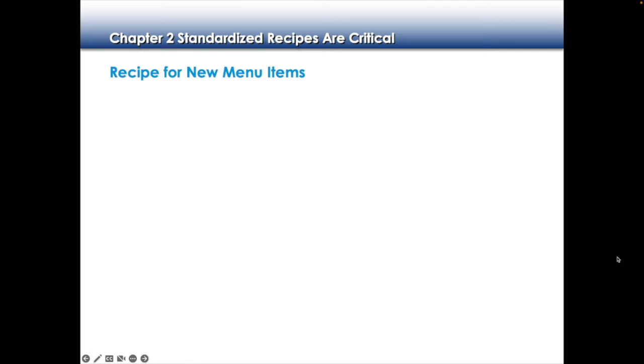What about recipes for new items? Well, this is not much different. There are a few things that are slightly different in here, but for the most part, it's going to be a similar journey, but it's more involved. And the reason why it's more involved is because you're going to have to come up with different ideas. You're going to have to come up with different ways of evaluating.